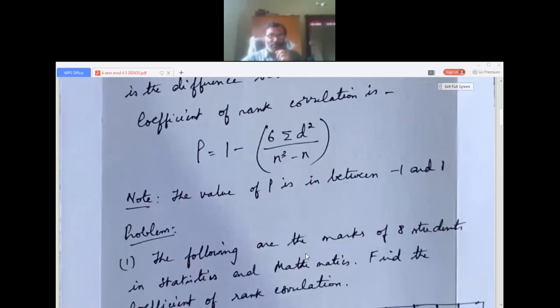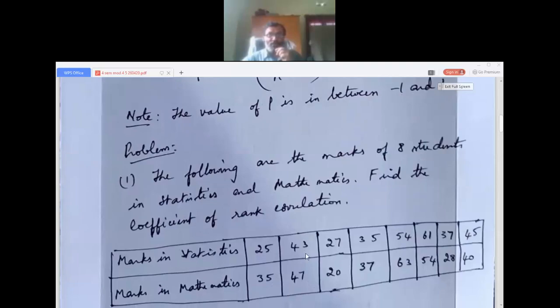The problems. See, the first problem: the following are the marks of 8 students in statistics and mathematics. Find the coefficient of rank correlation. Marks in statistics: 25, 43, 27, 35, 54, 61, 37 and 45. Total how many students? 1, 2, 3, 4, 5, 6, 7, 8.